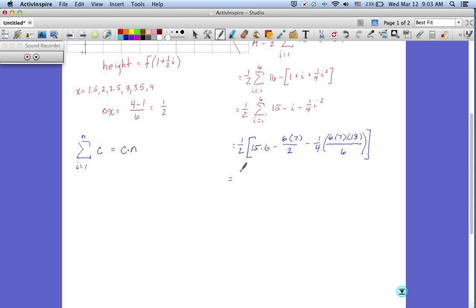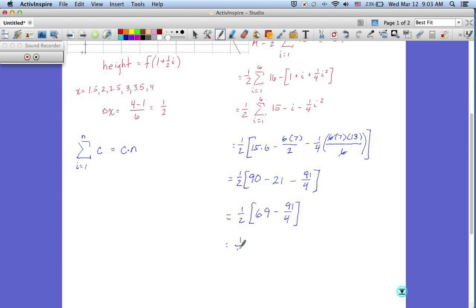All right, so let's start simplifying. We have 1/2. 6 times 15 is 90. 42 over 2 is 21. The 6s cross out here. I end up with 91 over 4. Let's combine like terms here first. 1/2 times 90 minus 21 is 69, minus 91 over 4.